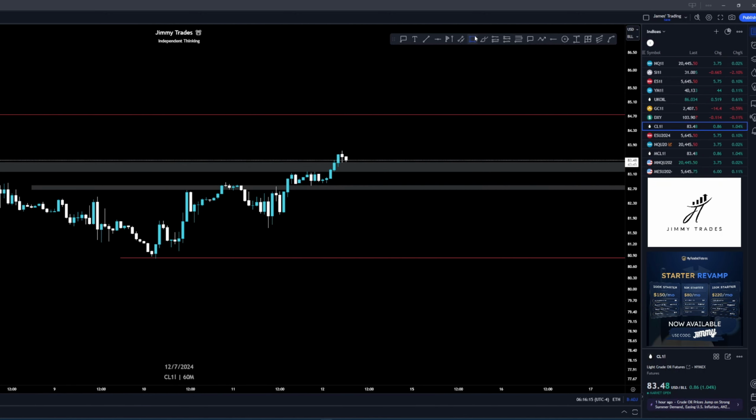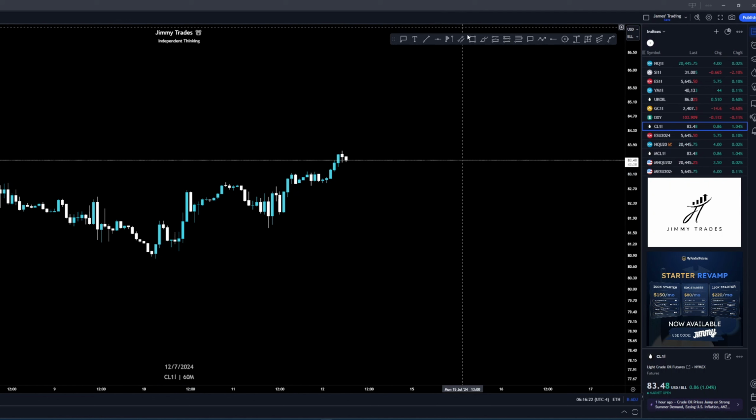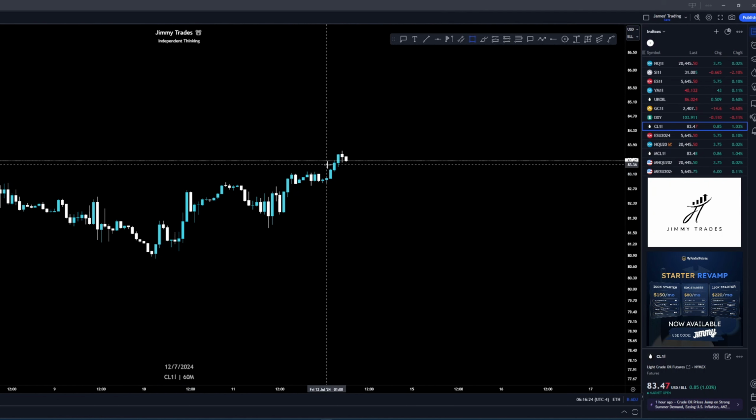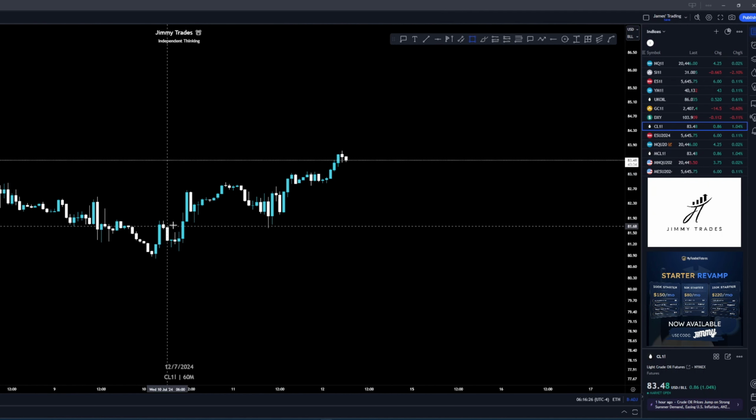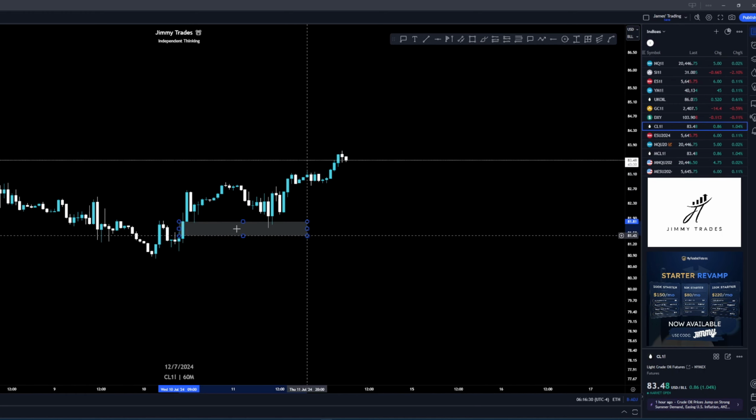So we have, clear the chart for a second there. Bullish PD arrays being respected.